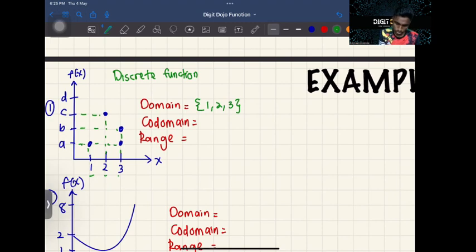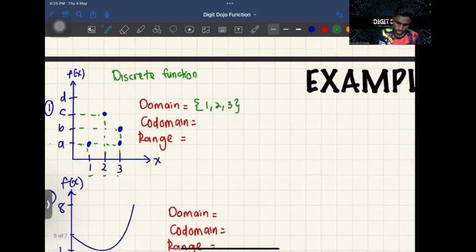And for codomain, we have to write everything here. We got A, B, C, and D. Now for range, please be careful again. I'm repeating, please be careful.